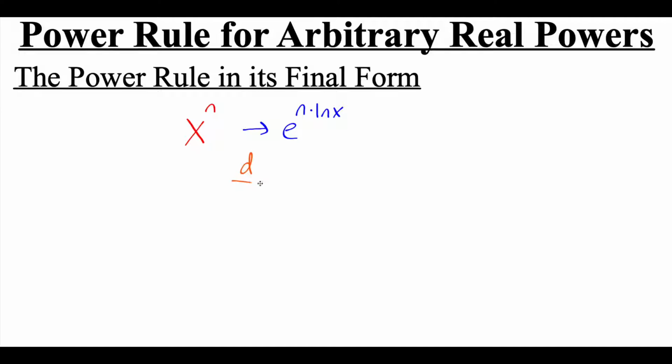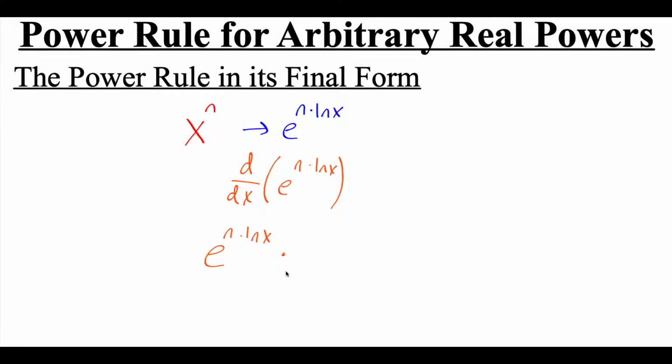So if we want to take the derivative of this e raised to the n times the ln of x, we'll have to do some chain rule stuff. But first, doing the derivative of e to the n times the ln of x, that exponential stays the same. So that becomes e to the n times the natural log of x.